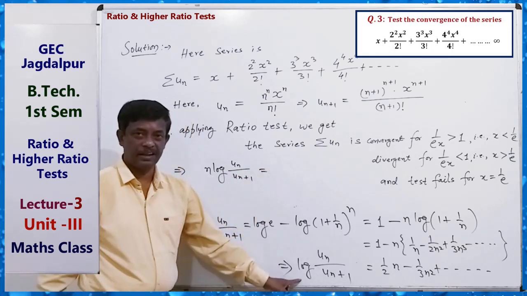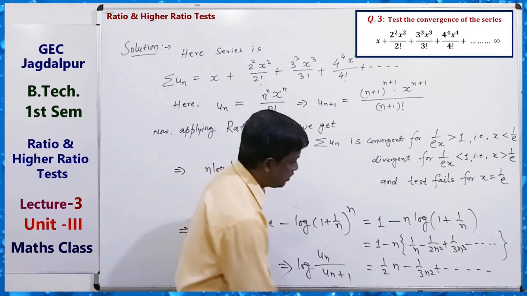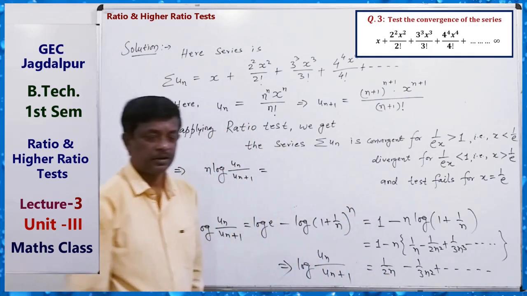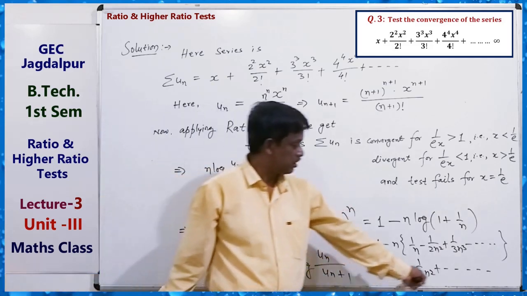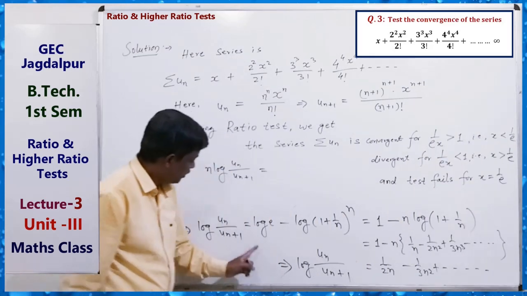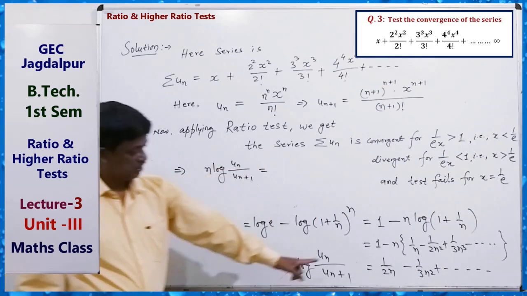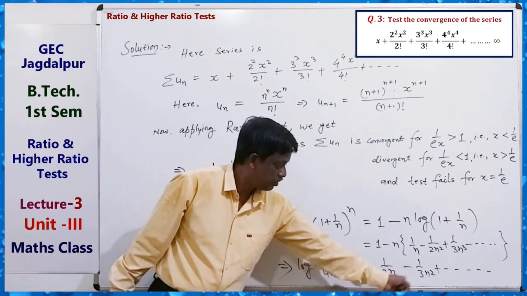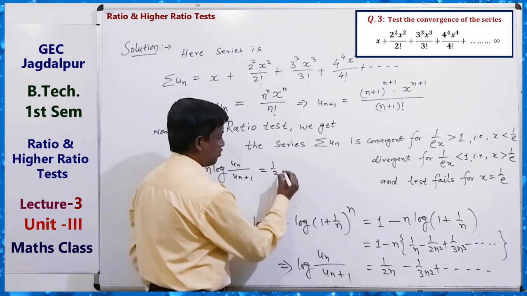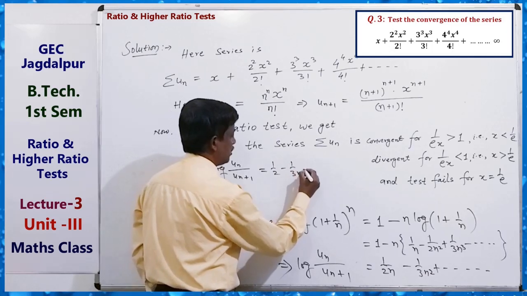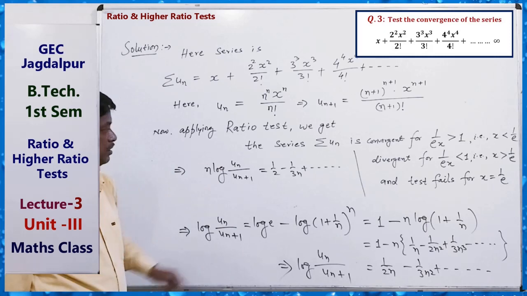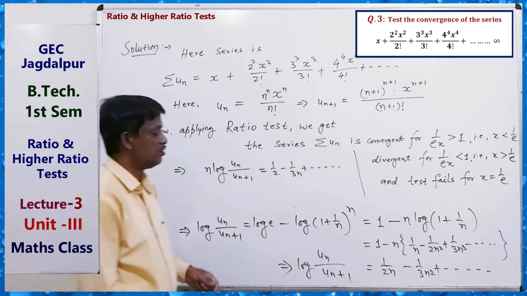Just multiply by n. Here all terms have n in the denominator. Now multiply by n: n and 1 by n cancel out. So half minus 1 by 3n plus and so on. All terms have n after the half. So its limit will be what? Half.